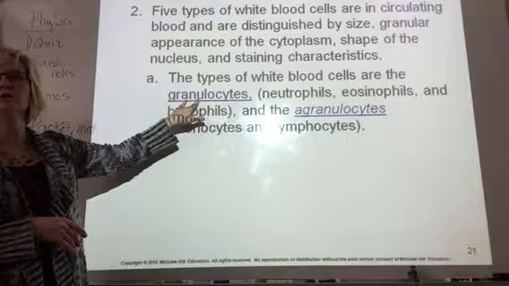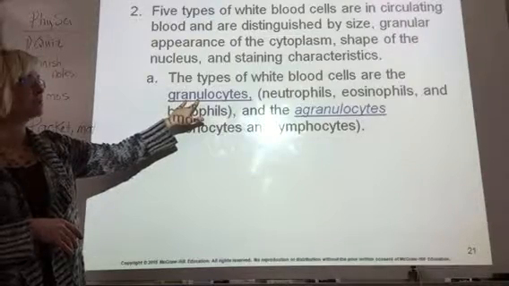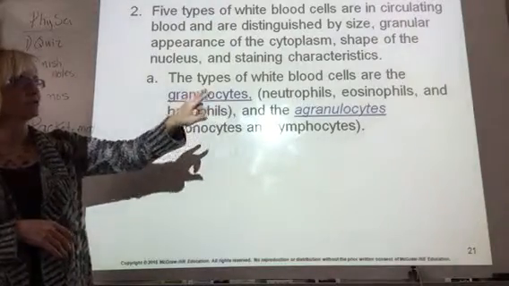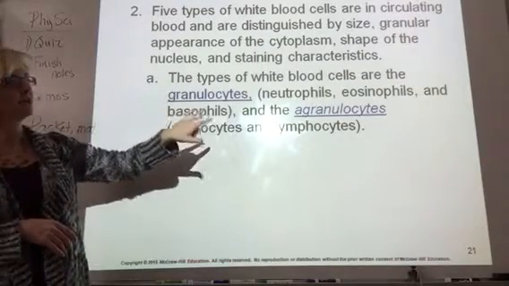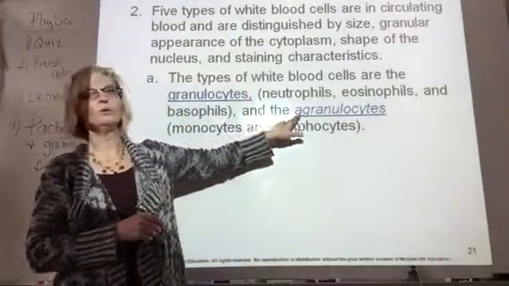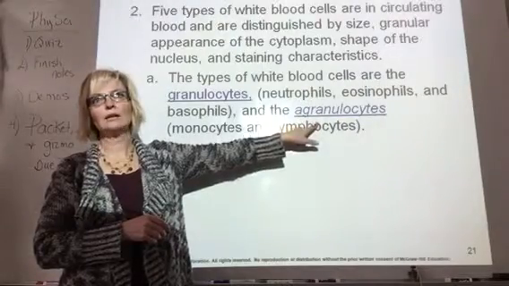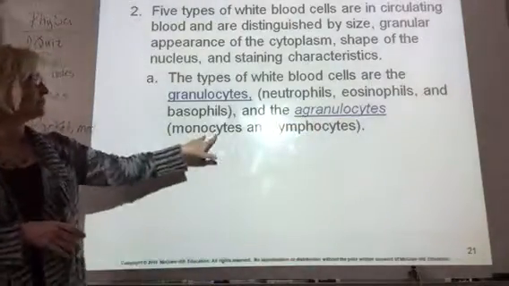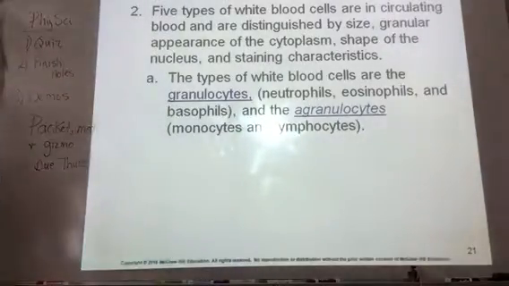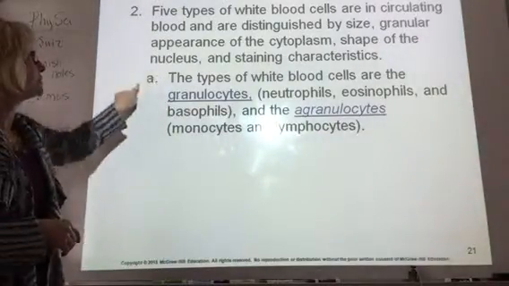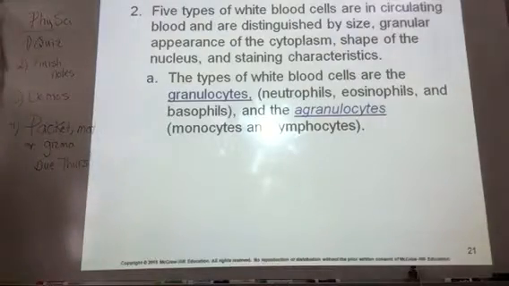Granulocytes, so these are going to look grainy in appearance, and those would be neutrophils, eosinophils, and basophils. Agranulocytes, not grainy in appearance, and that would be monocytes and lymphocytes. So I would circle that one. You should know which ones fall into which categories.